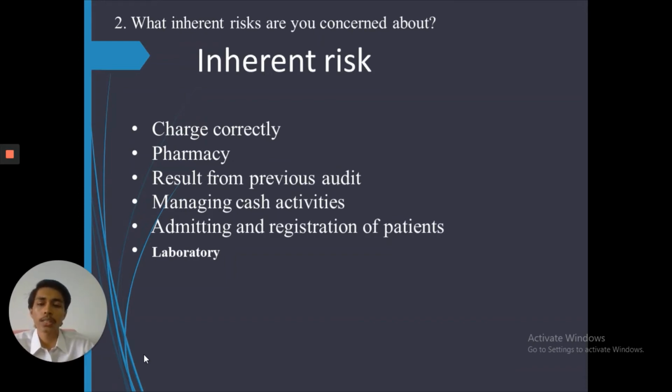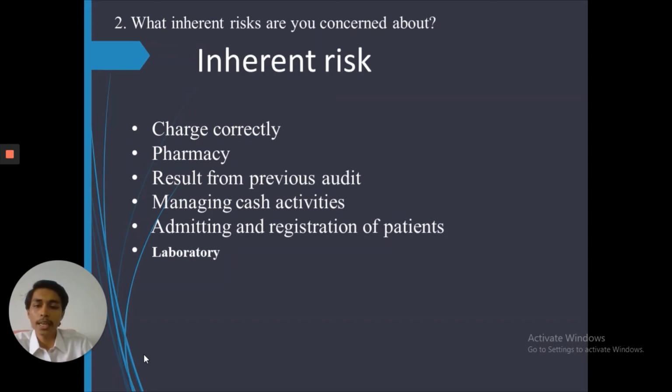Fourthly, managing cash activities. We need to check how they manage their cash, who records the daily cash transactions, cash receipts or cash payments. Do they have enough documents like bills for bill payment? Do they have bill records or not, and who holds the cash.